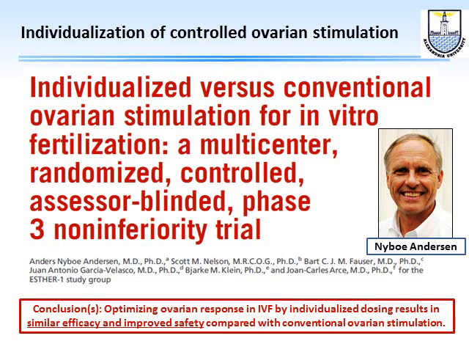And as you can see, by doing this, they found similar efficacy and improved safety. Meaning what? Meaning that by doing this individualized treatment, they could not improve the results in terms of pregnancy, but they could prevent ovarian hyperstimulation by diminishing the dose of FSH in cases where the AMH was high. So improved safety with similar efficacy.